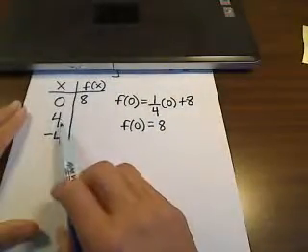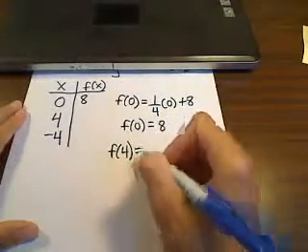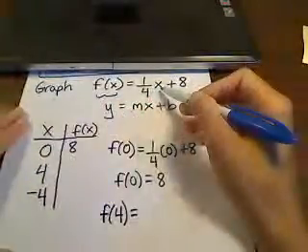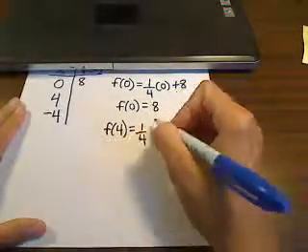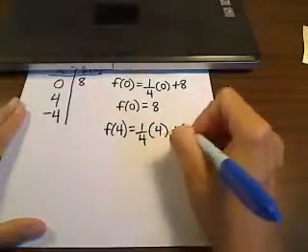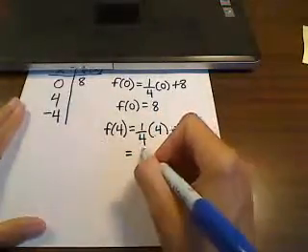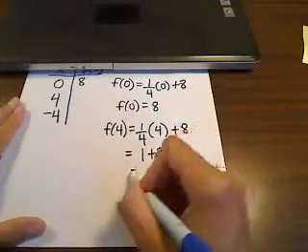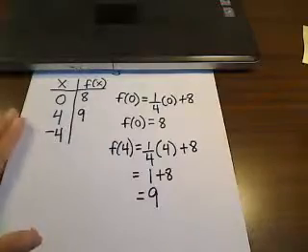Then for 4, I evaluate f of 4. Again, I'm plugging 4 into the equation, so f of 4 is 1/4 times 4, and then plus 8. 1/4 times 4 is 1, plus 8 is 9. So we have the ordered pair 4, 9.